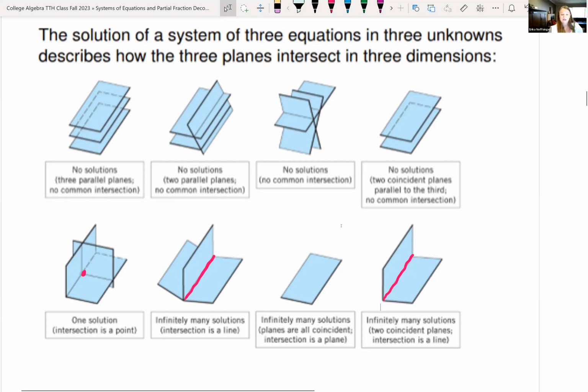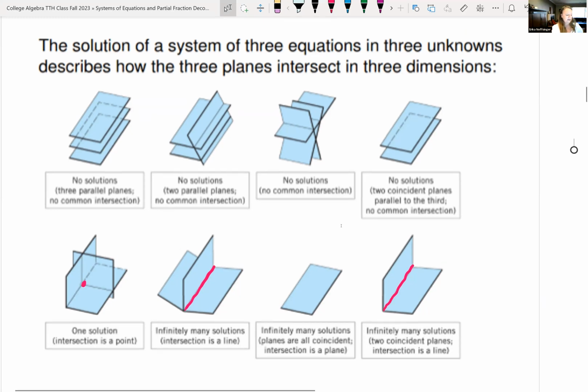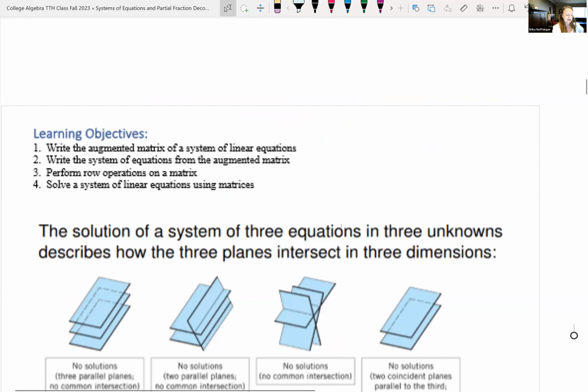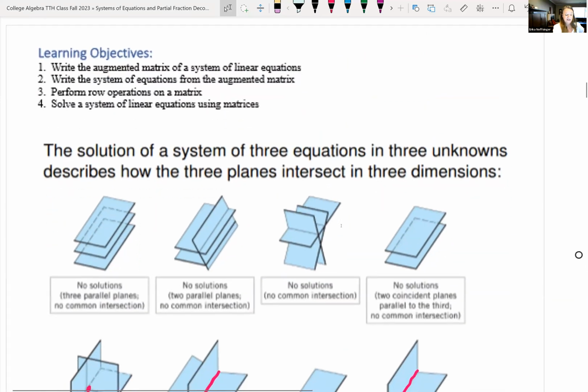Okay, so let's look at what I'm hoping that you guys would know by the time that I finish lecturing on this information. We are going to be using what are called matrices to help us solve these. So you should be able to take your equations and rewrite them and put them into a matrix. And we call this matrix an augmented matrix.